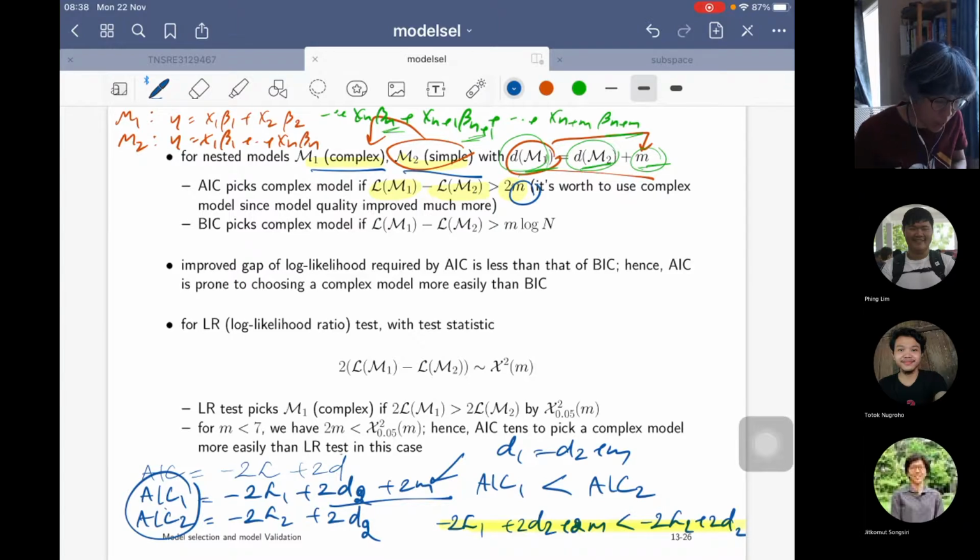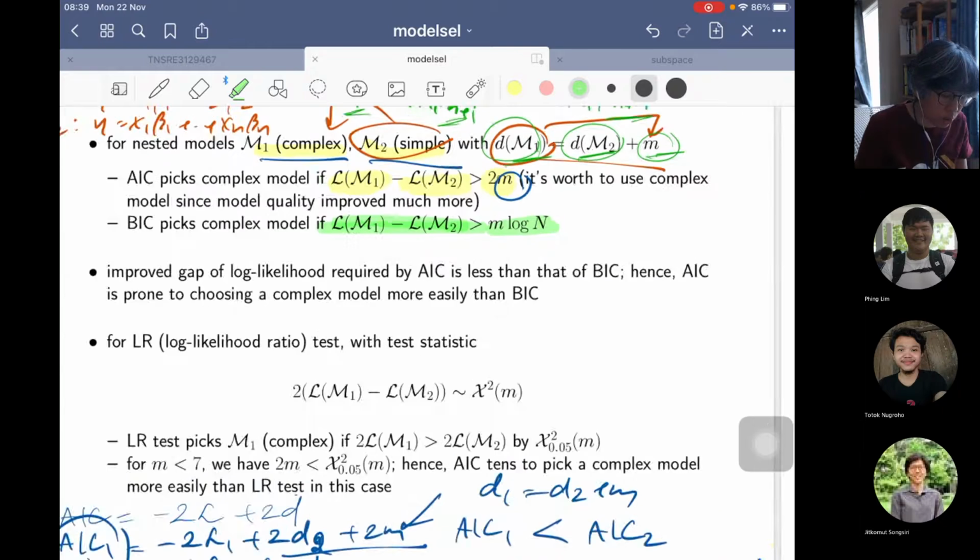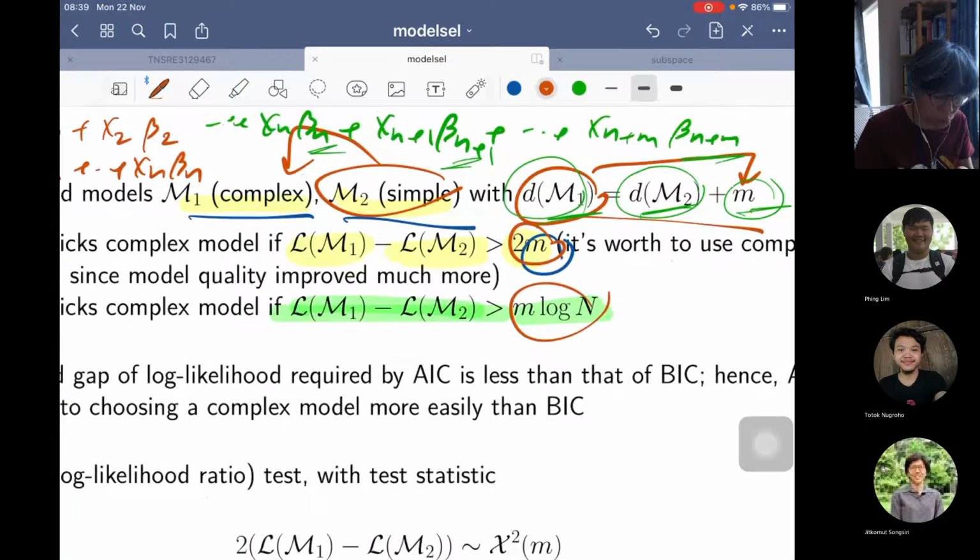All right, now let's take a look. If you do the same for BIC, it's going to be worthwhile picking the complex model if the gap, or the improvement you gain from log likelihood, exceeds the threshold of m times log n. So you can think of this as the threshold to be obtained in order for a score to select a complex model.